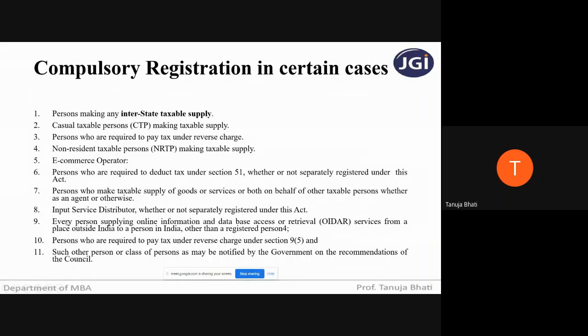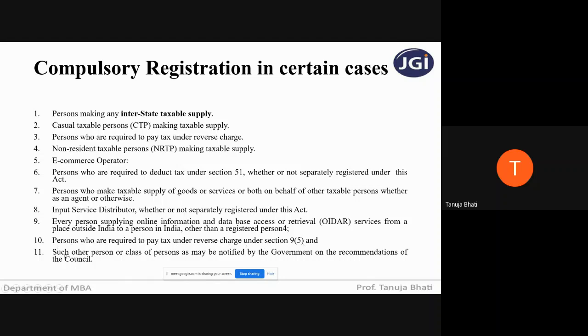Next is every person supplying online information and database access or retrieval services from a place outside India to a place in India, other than a registered person. So any person who is providing OIDAR services is compulsorily required to get himself registered under GST. Persons who are required to pay tax under reverse charge under section 9 subsection 5, that we have already covered.